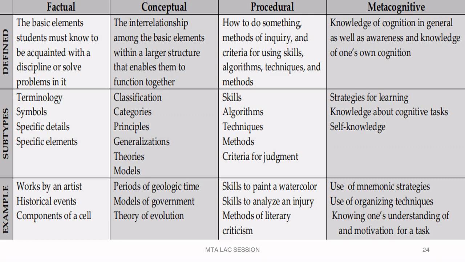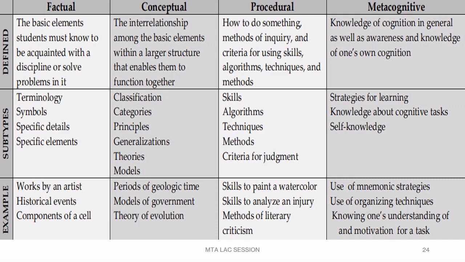So for the factual, these are the basic elements students must know to be acquainted with a discipline or solve problems in it. And when we say conceptual, it is the interrelationship among the basic elements within a larger structure that enables them to function together.